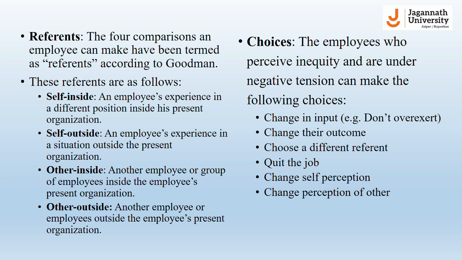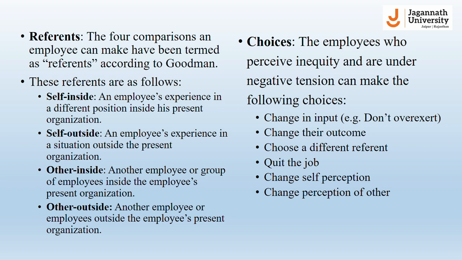So generally what they try is to change an input or get a change in the outcome. If they feel that their input is more than the referent's, they will put in lesser input, or if they feel that their outcome is more but the other person with lesser outcome is rewarded, they will lessen their outcome.